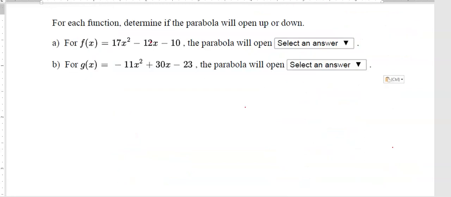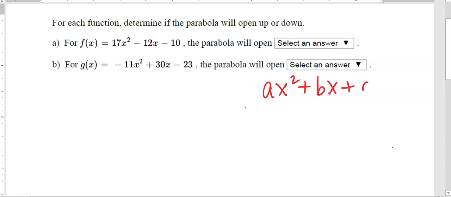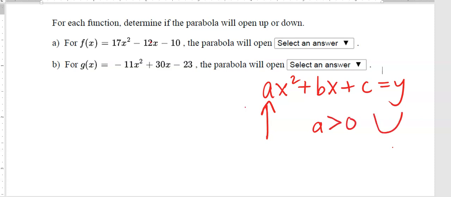Okay, for this problem it asks if the parabola will be opening up or down. So we know that when a parabola is written in standard form, we look at the A. The A is the number in front of the x squared. If A is positive, people smile and the parabola opens up.